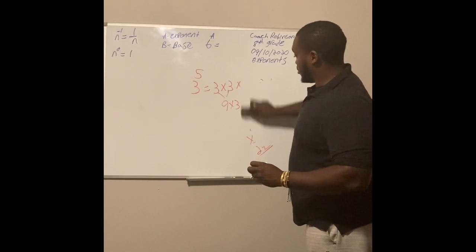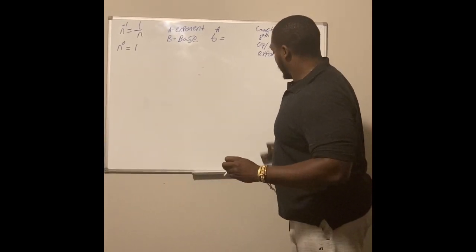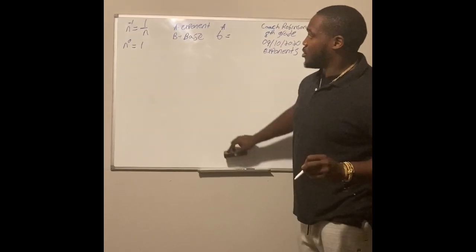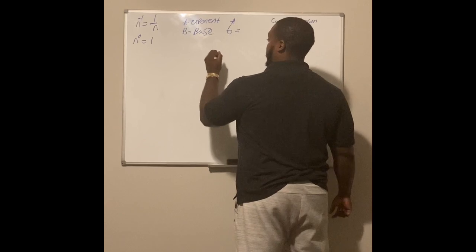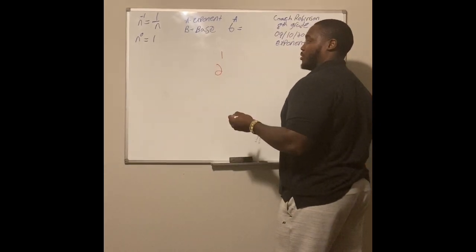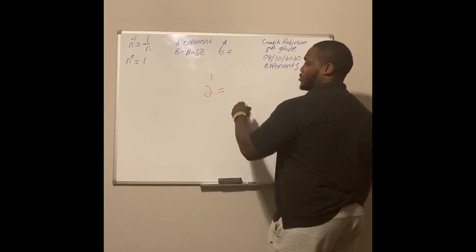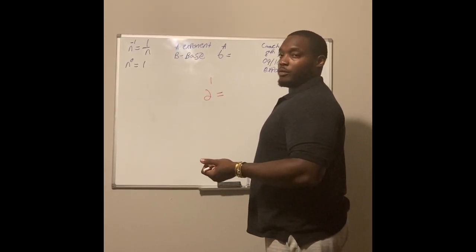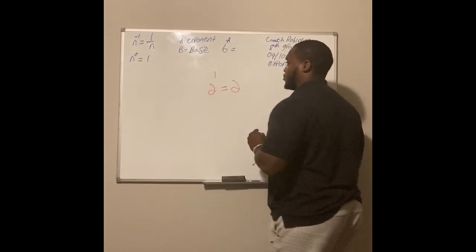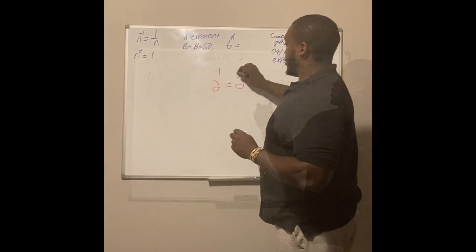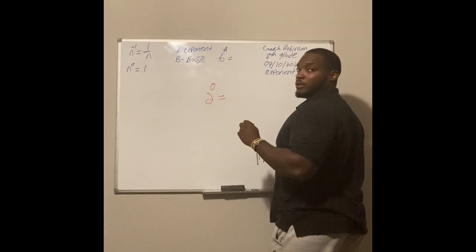So now, let's imagine if we had 2 to the 1st power. Well, 2 to the 1st power would just be like saying 2 times 1, right? So that'd be 2, okay? Let's imagine 2 to the 0 power.